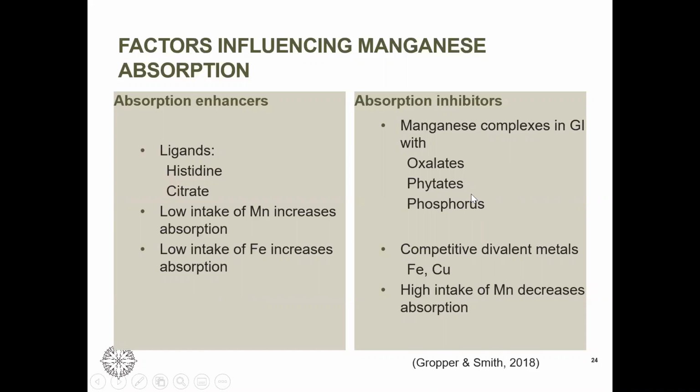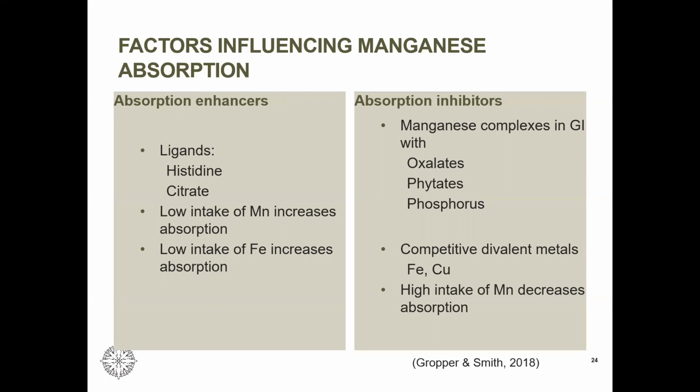Looking at the inhibitors for manganese, it is interacting with iron and copper. Iron in excess inhibits manganese absorption, and it's the reverse also. Manganese in excess also inhibits iron absorption.